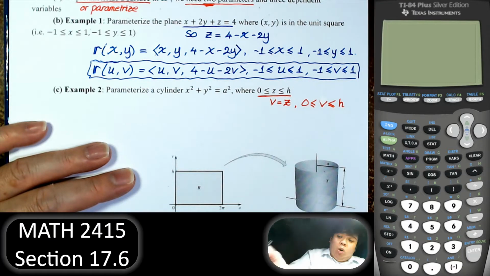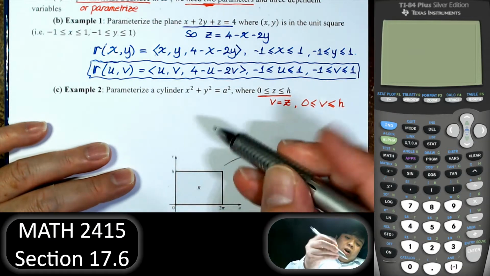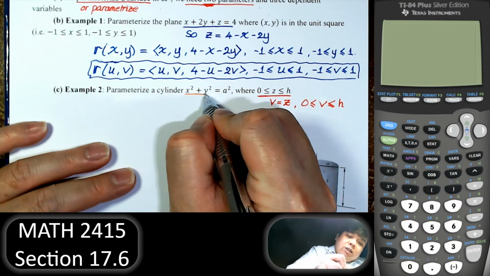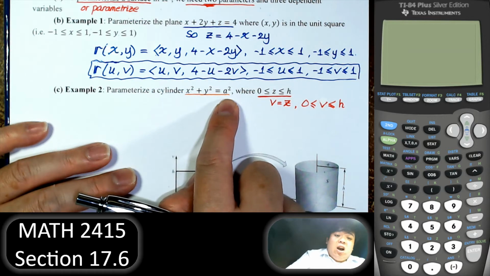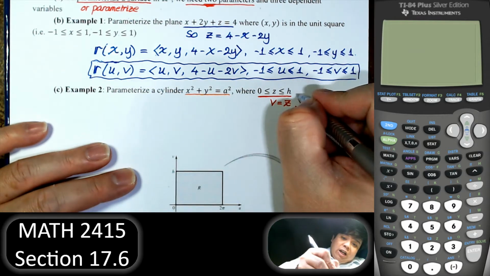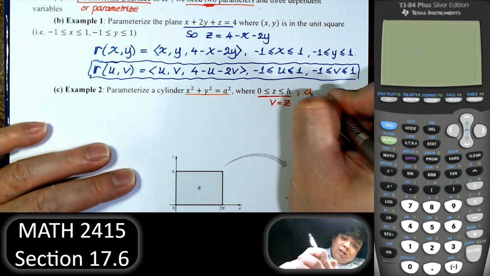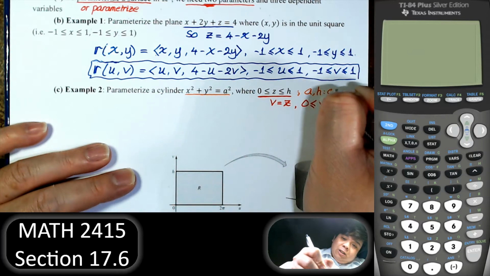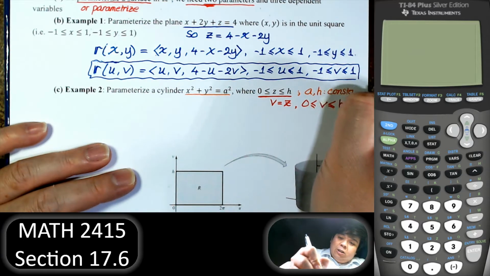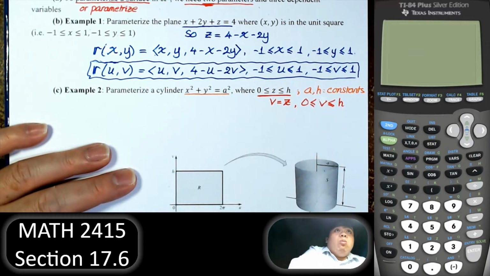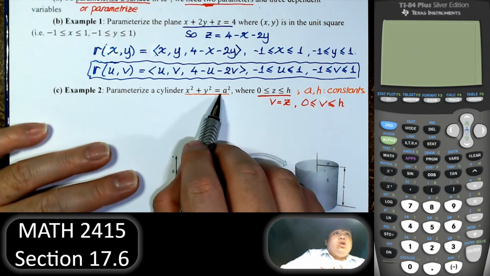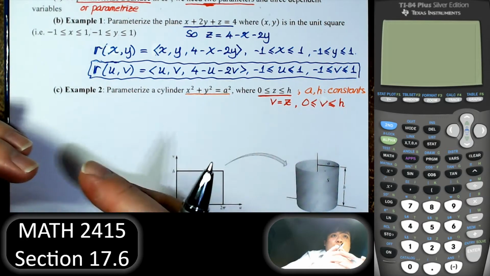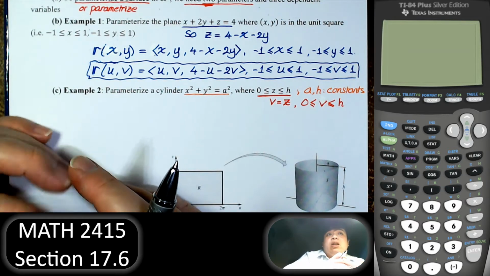For the other parameter, we have x squared plus y squared equals a squared. I should specify that both a and h are constants. So x squared plus y squared equals a squared means that we're talking about a circle. We're not talking about a disk.